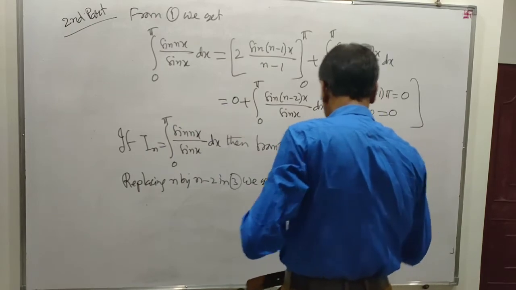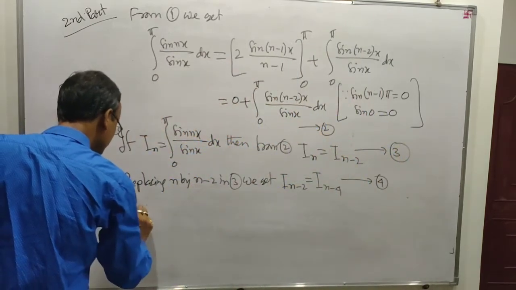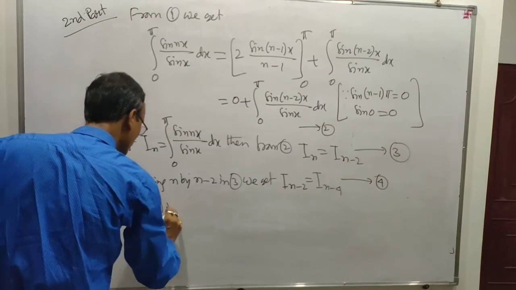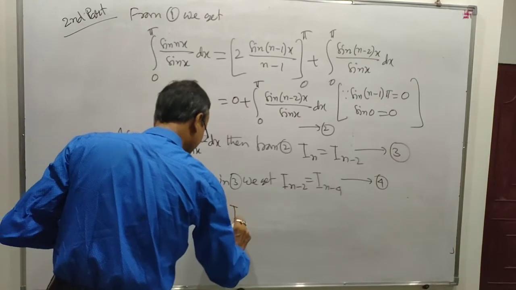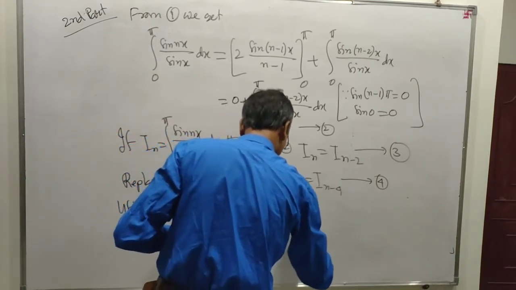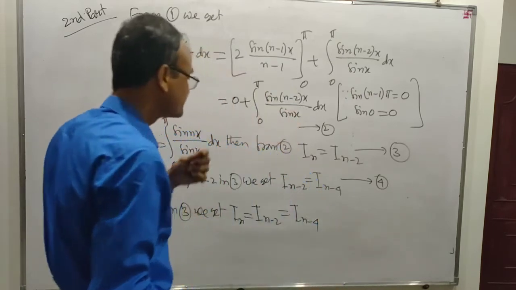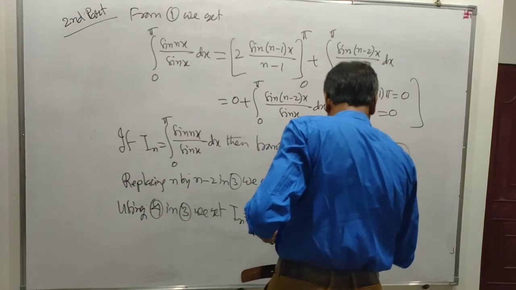Suppose this is number 4. Using 4 in 3, we get I_n equal to I_{n-2} equal to I_{n-4}. Suppose this is number 5.